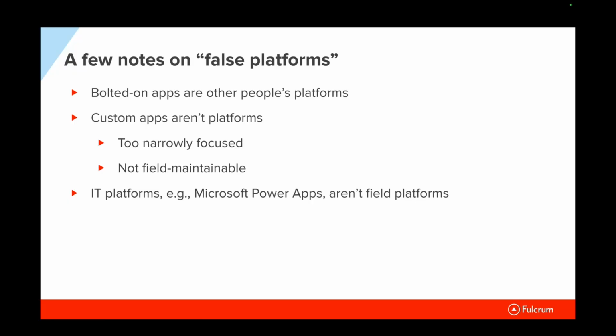Microsoft Power Apps, again, is a really common one for this kind of thing, but that's really an IT platform. It's not field focused. It's focused on developers building apps, not having field workers building apps. So it tends not to be a platform in the way that we've just described. What it ends up being is a cluster of individual components that give you the same problem you would have had if you were using those bolted on apps I talked about before.